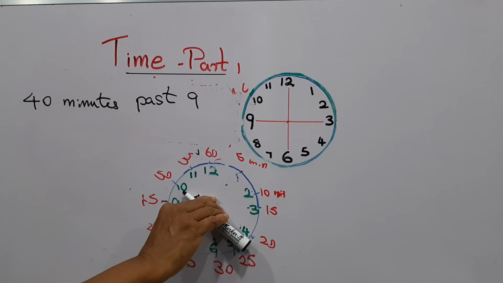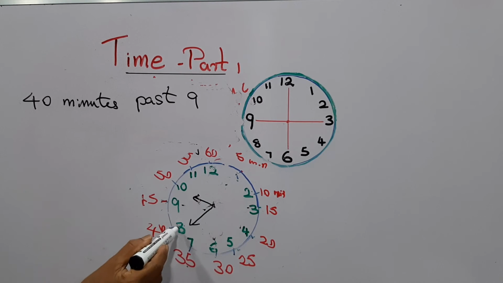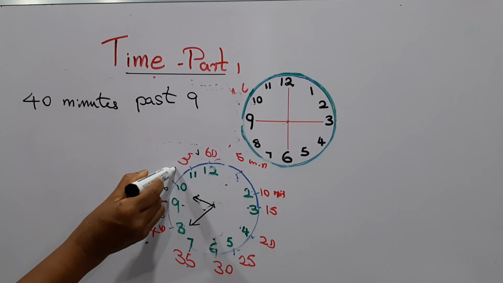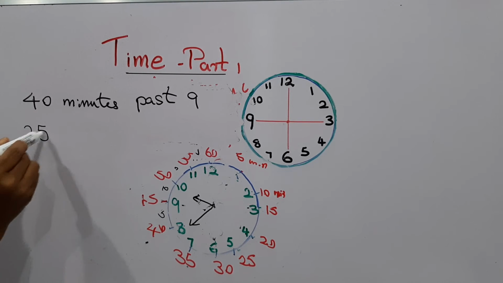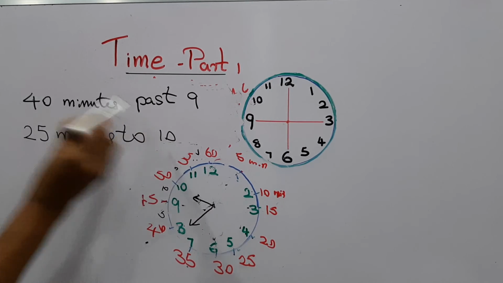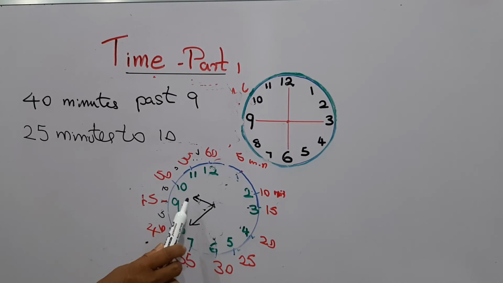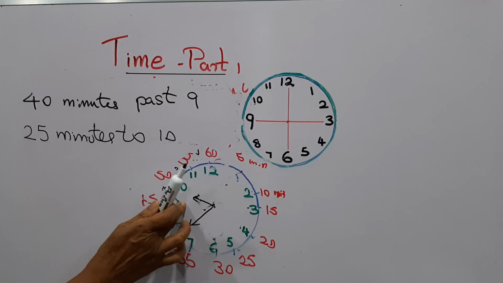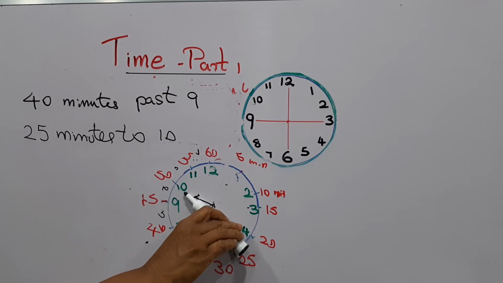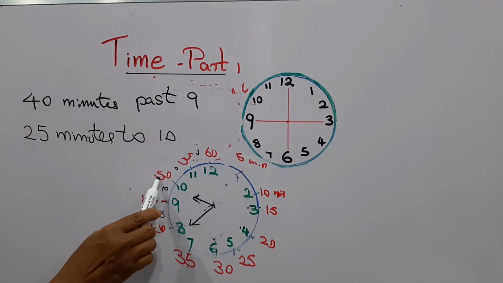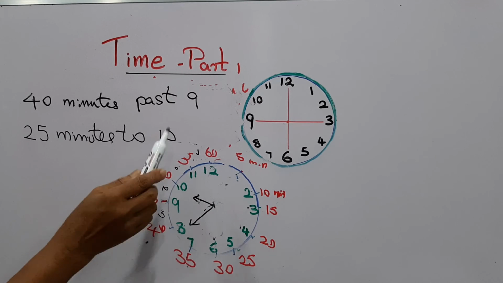Yes, it will be 10. Then how many minutes to 10? Here the minute hand is pointing towards 8. Here 5 minutes, 10, 15, 20, so 20 minutes to 10. Did you get it? Now the time is 40 minutes past 9. Already 9 has passed. It is going to be 10. How many minutes to 10? Yes, we are counting 5 minutes. From here to here 10, 15, 20 minutes to 10.